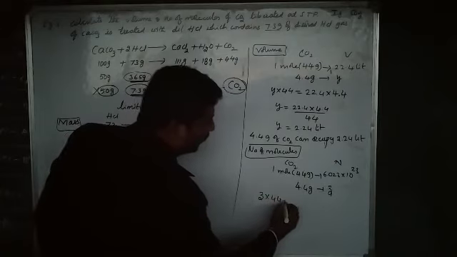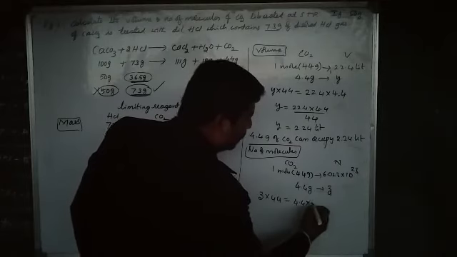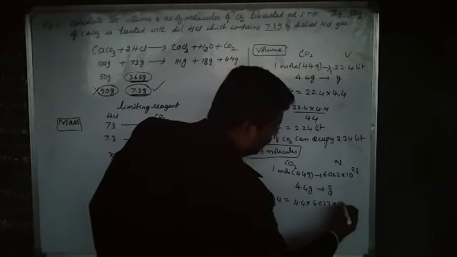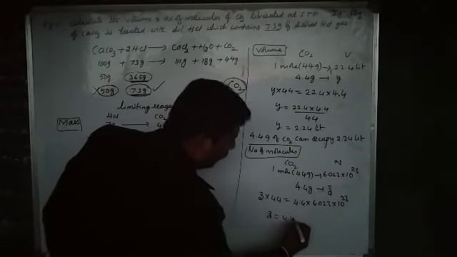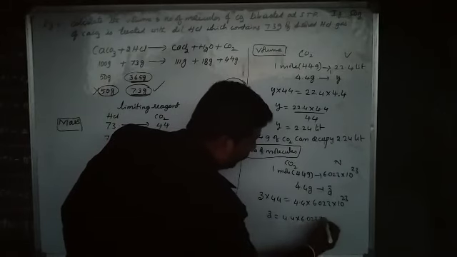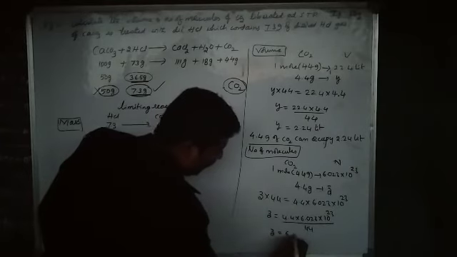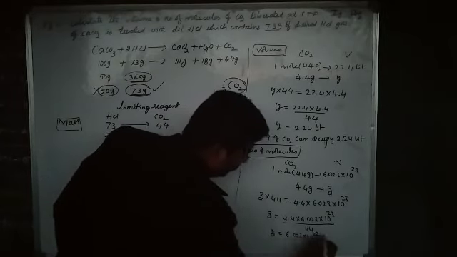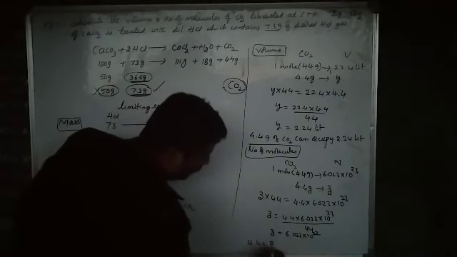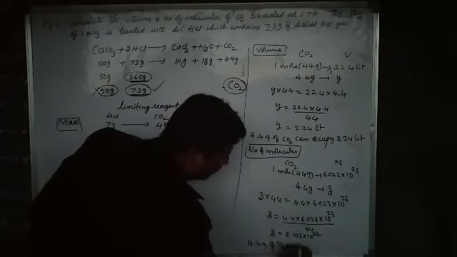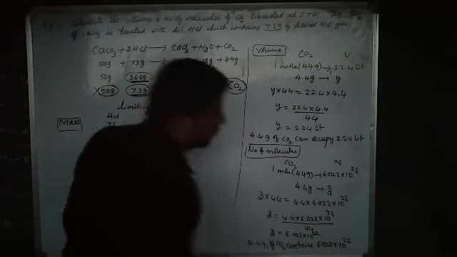Z into 44 is equal to 4.4 into 6.023 into 10 power 23. Therefore, Z is equal to 4.4 into 6.023 into 10 power 23 by 44, which is equal to 6.023 into 10 power 22. Therefore, 4.4 grams of carbon dioxide contains 6.023 into 10 power 22 molecules.